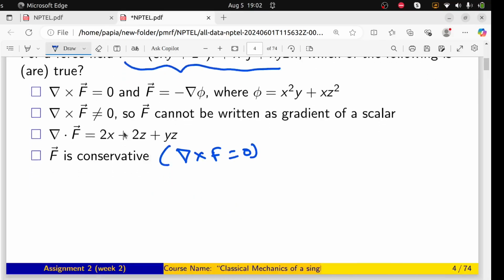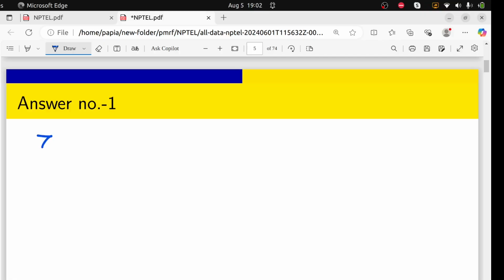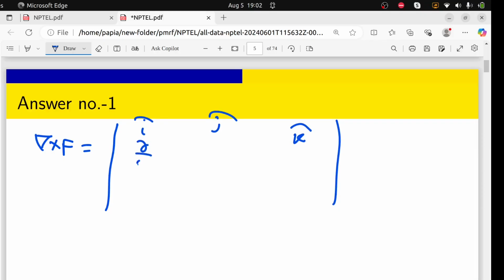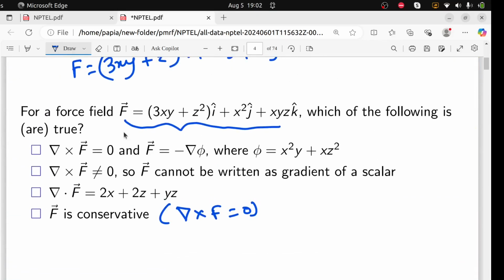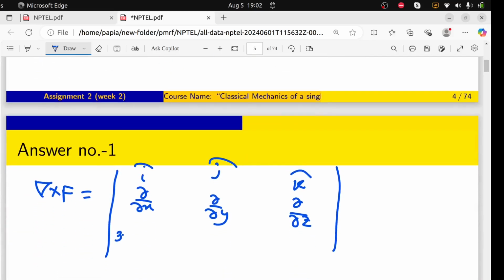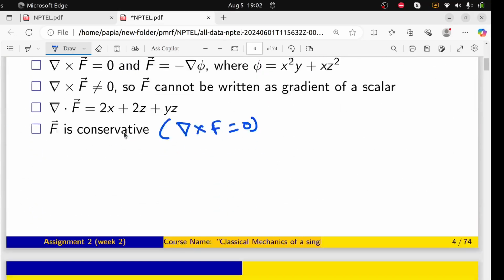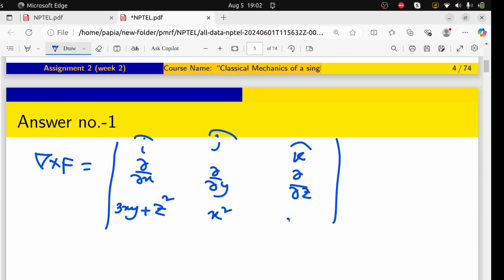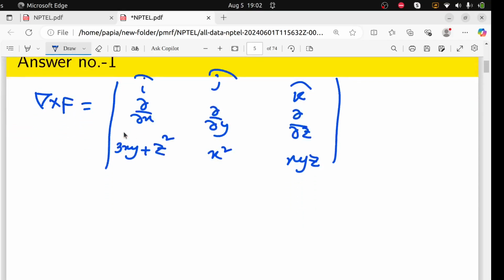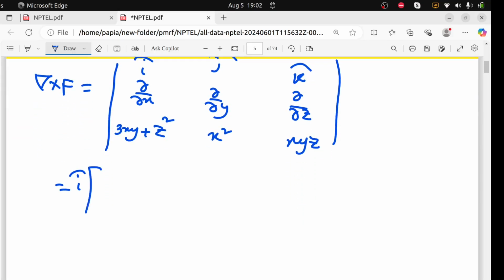For this I have so much space. 3xy plus z square, x square, xyz. Okay, now coming here.